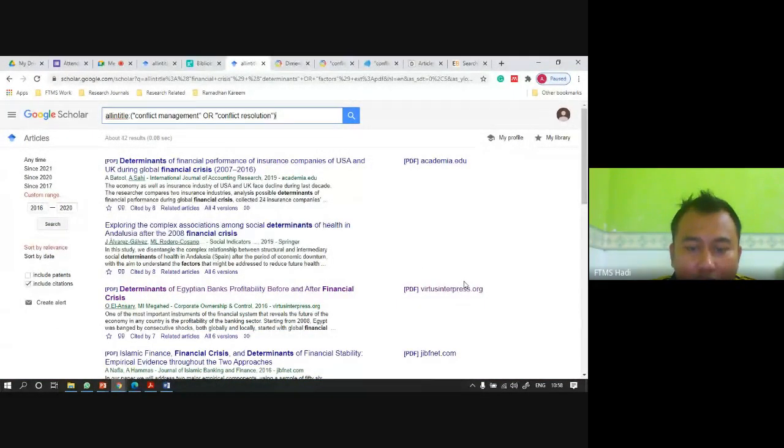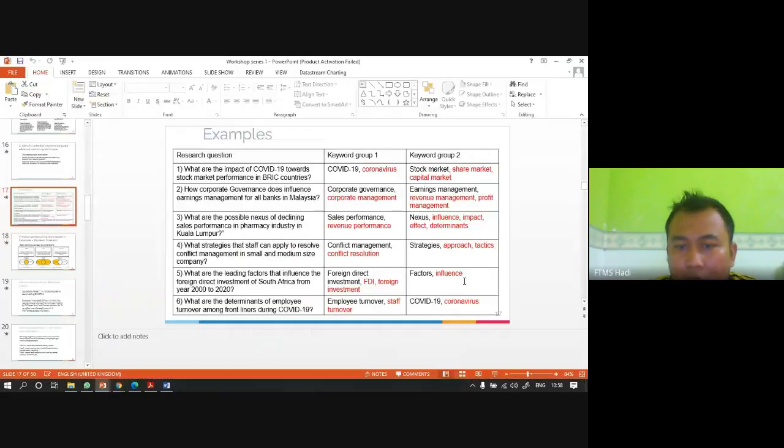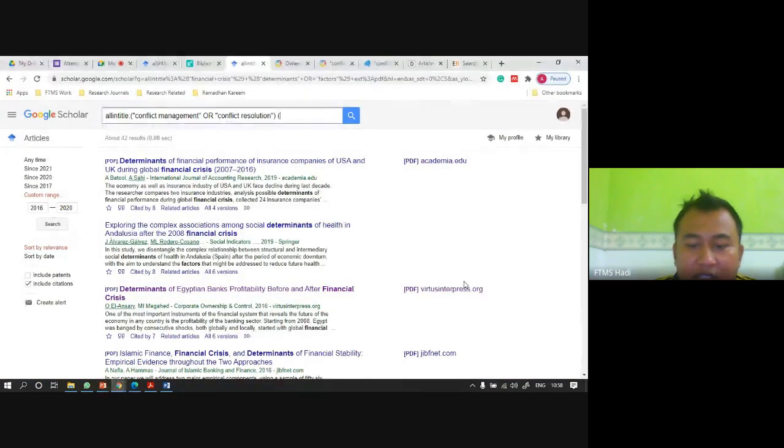The second group of keywords, we go for strategies or approach or tactics. I put an asterisk because there will be tactics or this one. So there might be more results leading towards searching.